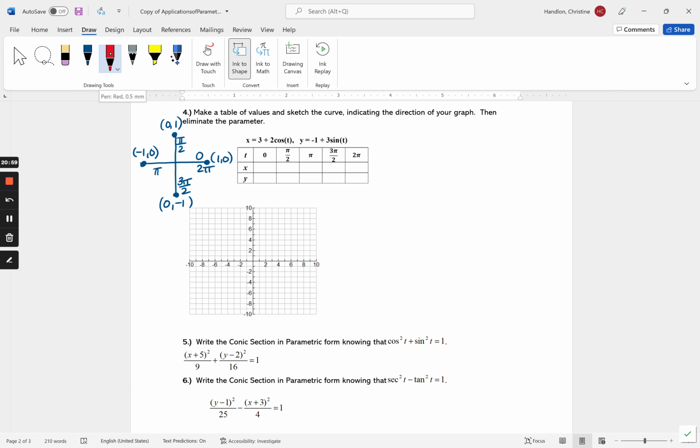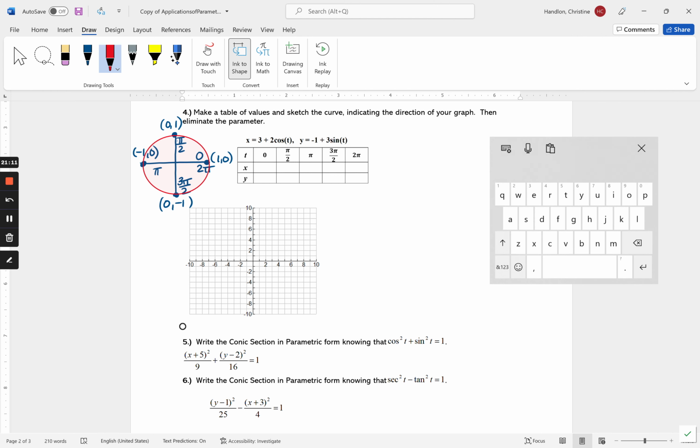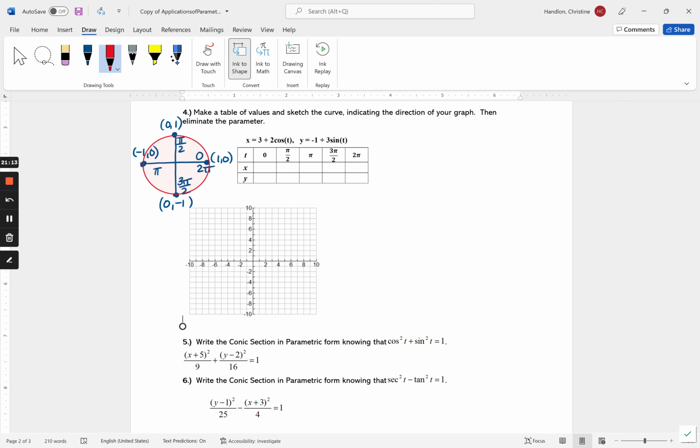Maybe you get the idea of what I'm talking about here. The other thing I need you to remember is the cosine value at an angle always meant you were looking for the x. And the sine of any angle always meant you were looking for the y. So keep those in mind. That's your little review from last semester.